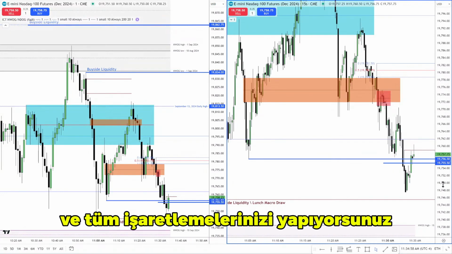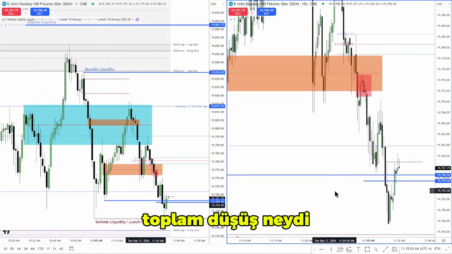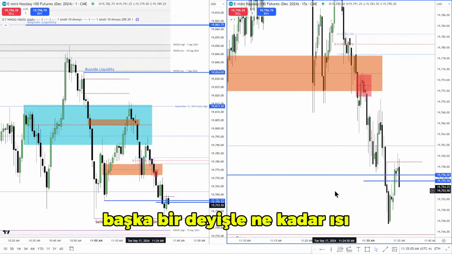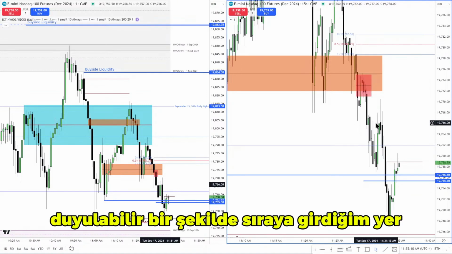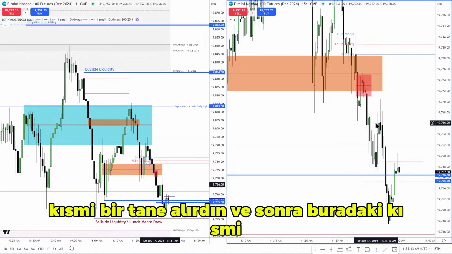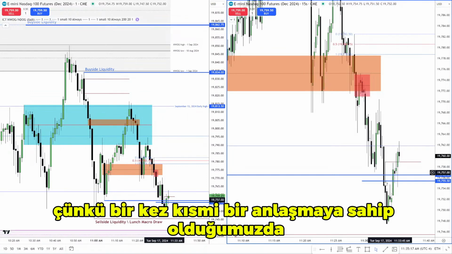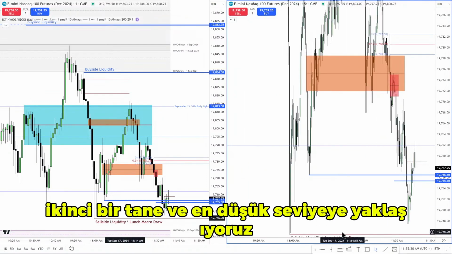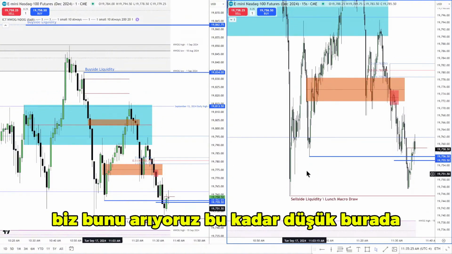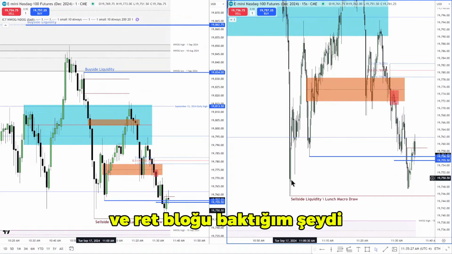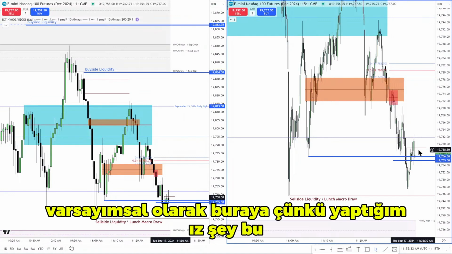And you do all your markups to get all your information from where you were entering. What was the total drawdown? How much heat, in other words, the trade would have placed on you, and you take your partials. Where I was queuing up audibly, you would take a partial, and then the partial here, and we rolled the stop down because once we have a second partial, and we're getting close to the low we're looking for, this low here and the rejection block is what I was looking at. And that's why I said to drop the stop, theoretically and hypothetically, to here.